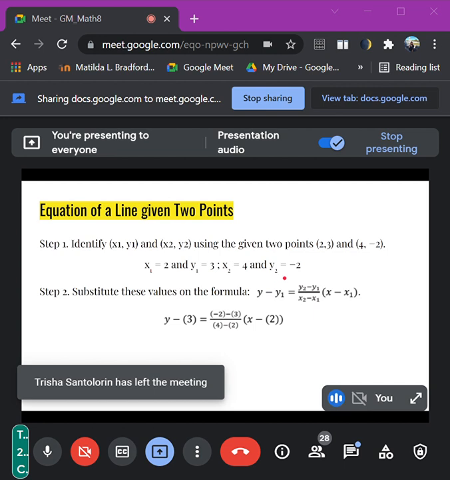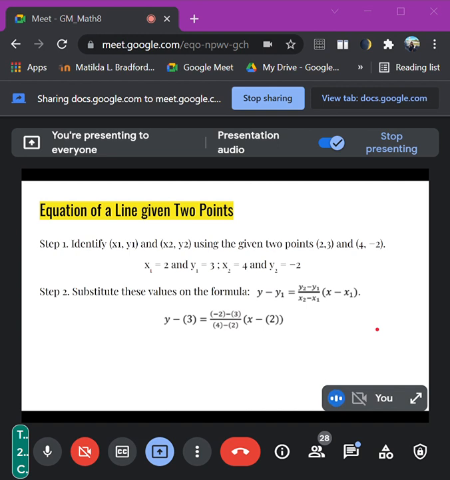And then, kung unsa inyuhang sign sa inyuhang y sub 2, y sub 1, x sub 2, and x sub 1, you have to use that one. Okay? Dili lang kayo kung kani siya negative 2, negative 2 gyud atong isuwat. Dili ra 2. Okay? Damay ang sign ana niya, class. And then, you have there quantity x minus, so your x sub 1, that is 2, so you have there 2. So, after you substitute, class, you're just going to simplify.